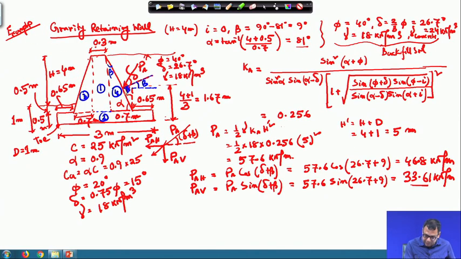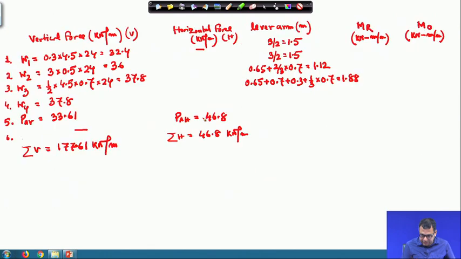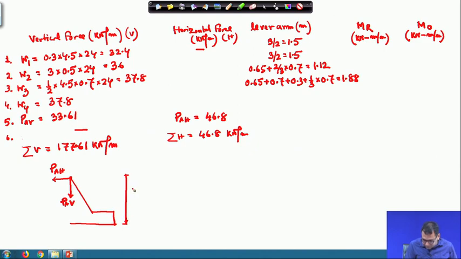So, now let us discuss that PAV part. This is the wall and PAV vertical one is acting here. Here this is the PAV and here it is PAH, and from here to here it is 5/3, so 1.67 meter.